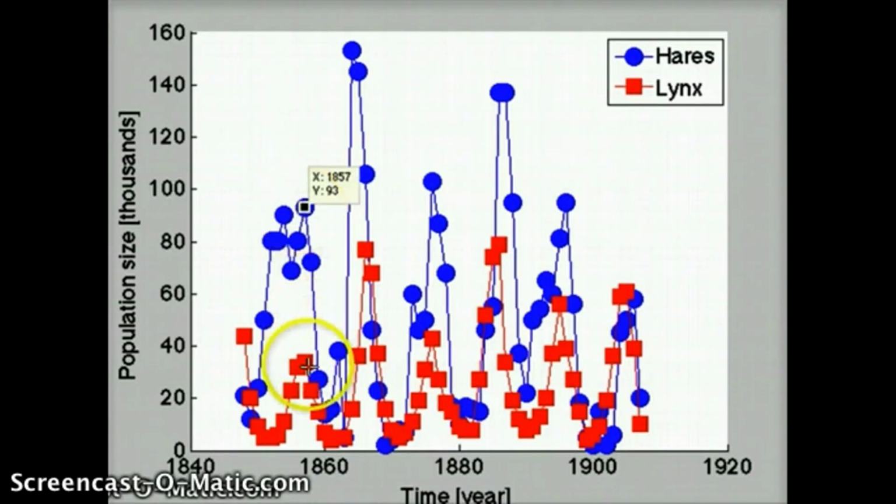We're looking at the hares in around 1857, then the lynx in red, and then the hares get another large value in 1864, lynx in 1866. Then here's another maximum in 1876, and lynx in 1876 also. The next peak seems to be around 1886.